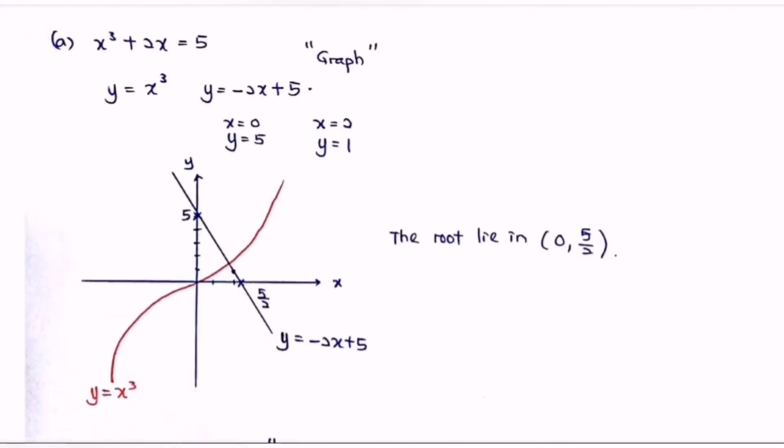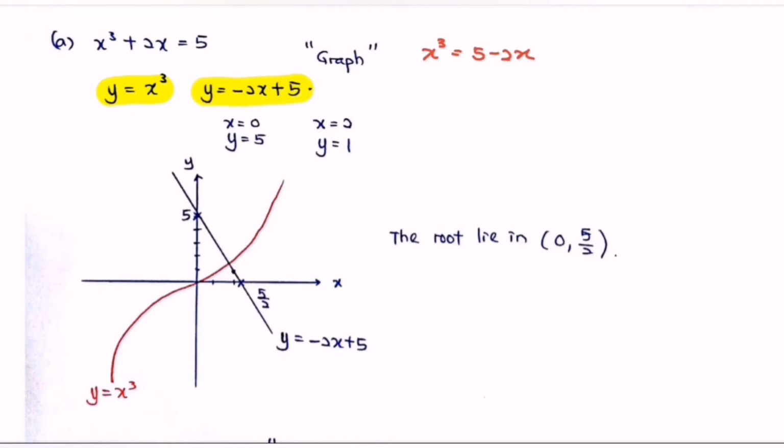So I'm going to modify the equation to x to the power of 3 equals 5 minus 2x. Then we can split it just like this: y equals x to the power of 3, and another equation, y equals negative 2x plus 5.